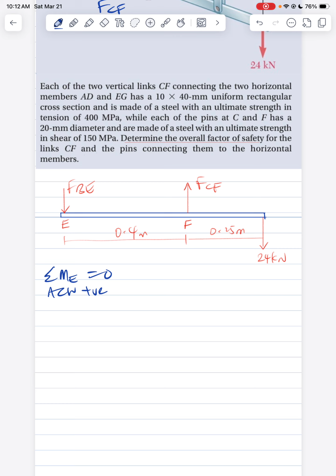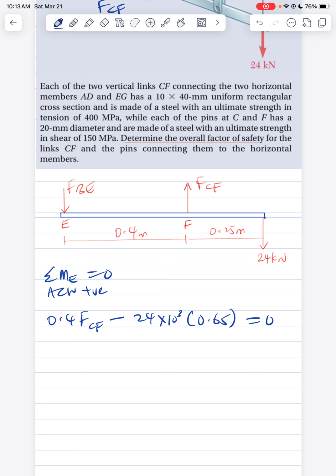In doing that, we get 0.4 FCF, that's the distance between this point here and here, and the next term is negative, minus 24 times 10 raised to the power 3, converting to newtons, multiplied by 0.65, which is 0.4 plus 0.25, and that will be equal to 0.